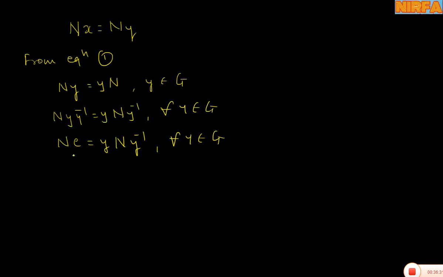According to the identity law, this is equal to n is equal to y n y inverse for all y belongs to G. And this is the definition of the normal subgroup or criteria from the previous lemma, and therefore we may say that capital N is a normal subgroup.